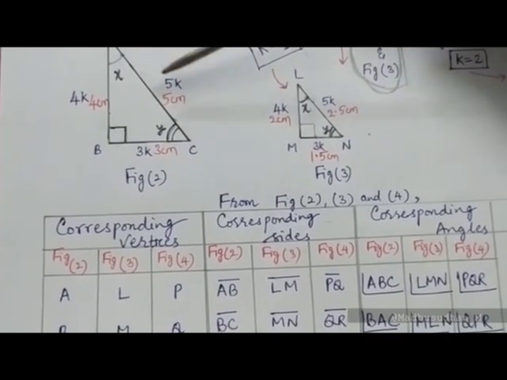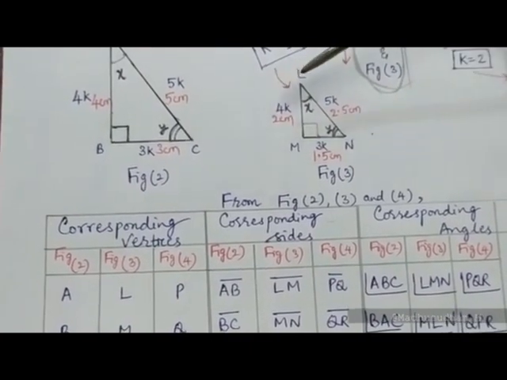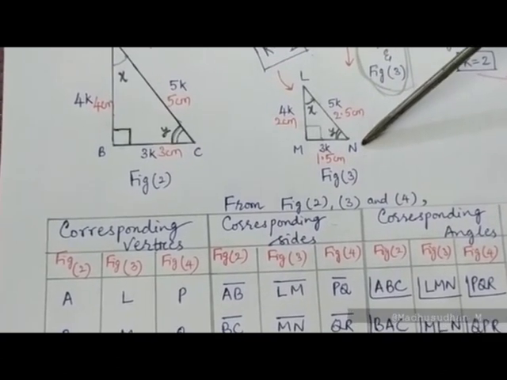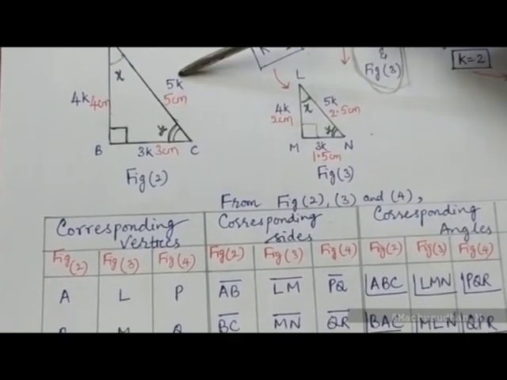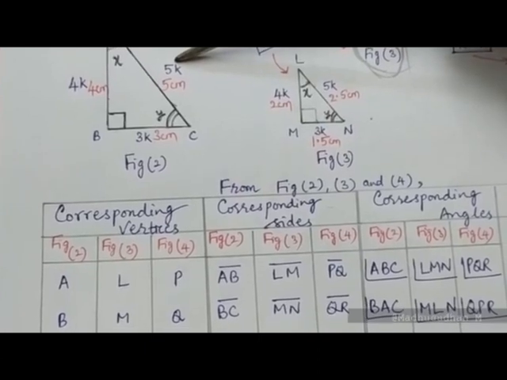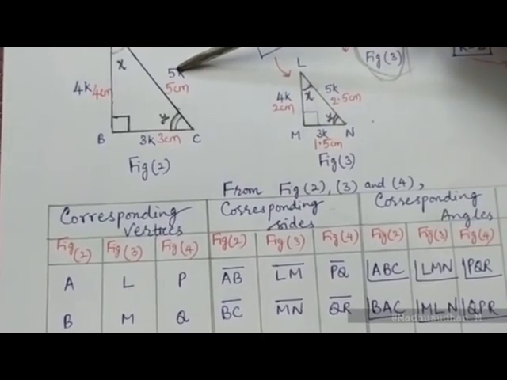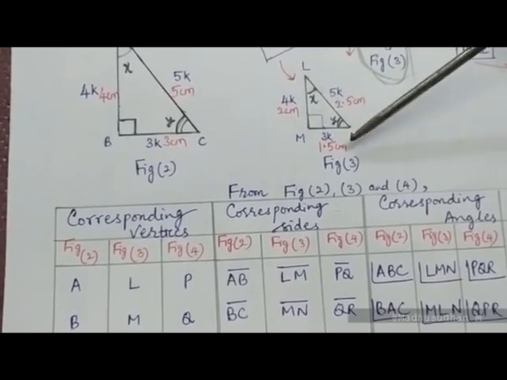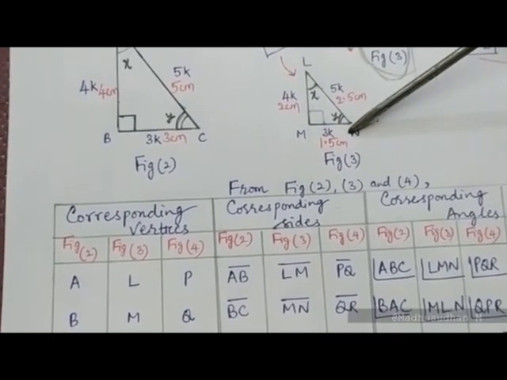For AC in figure 2, the corresponding side shall be LN. BC in figure 2 shall be the corresponding side for MN in figure 3.